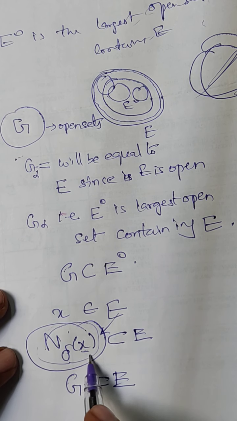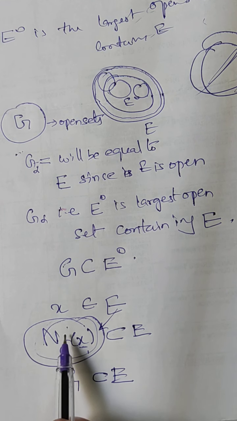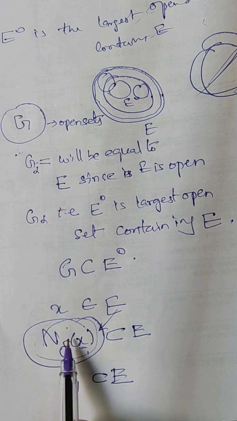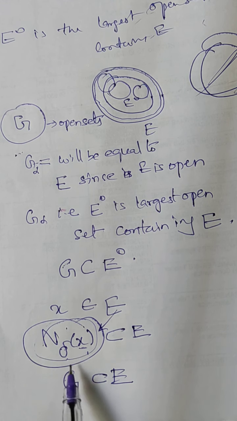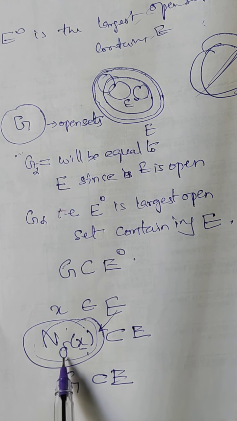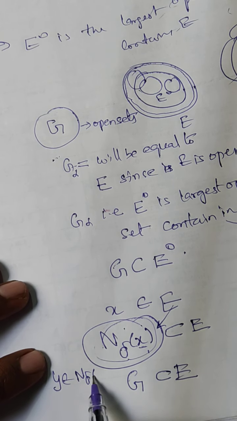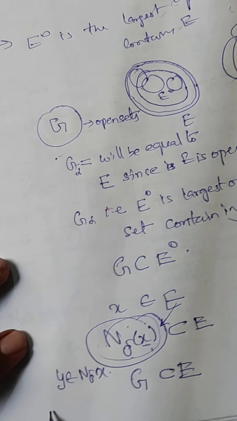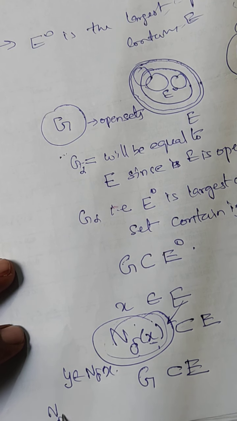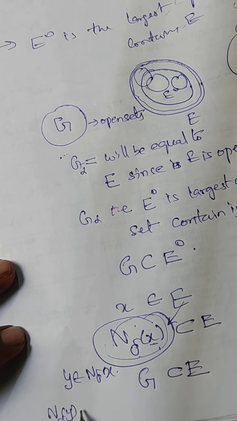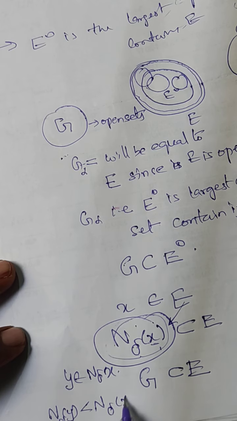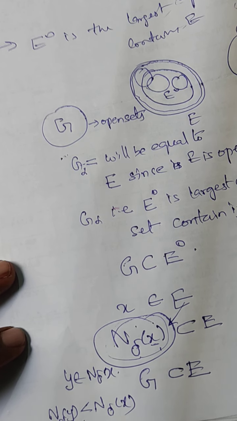Since it is an open set, it can contain many points, for example y belonging to the neighborhood of x. If you consider y in the neighborhood of x, then the neighborhood of y is inside the neighborhood of x whenever the radius is small enough.